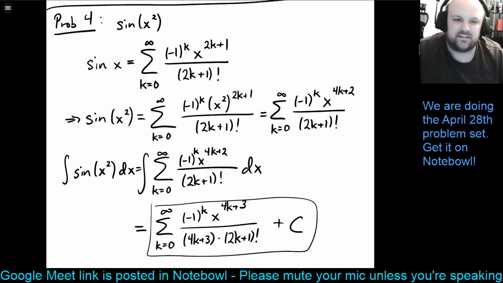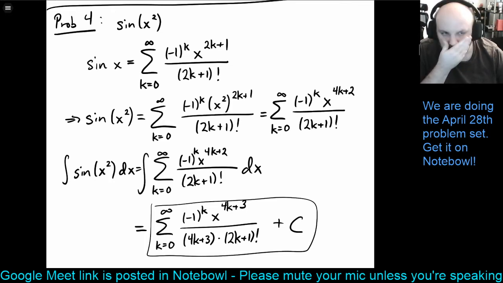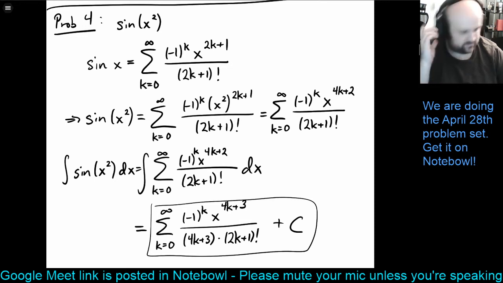Use Mathematica to compute the sum from k equals 0 to 1,000 maybe. There's all sorts of things you could decide to do to get an approximation. Any questions? Awesome.